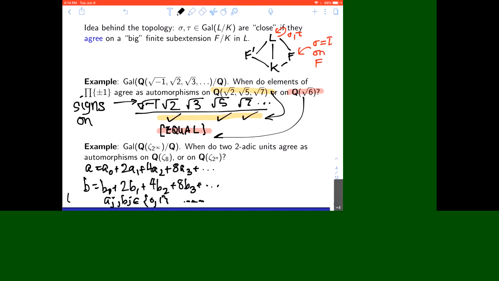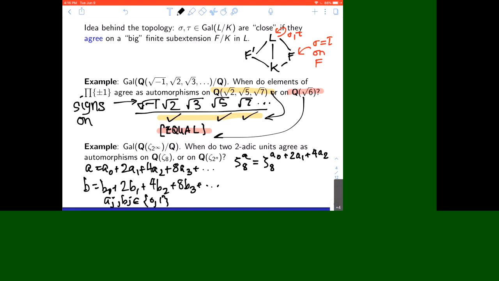In any case, what happens here is that, to be equal on zeta 8, we only care about the first few terms, because the higher terms are divisible by 8. And so if you think about it as a product, zeta 8 to the A naught, zeta 8 to the 2A1, to the 4A2, once you get to the 8A3, everything becomes a 1 multiplicatively, so it dies.